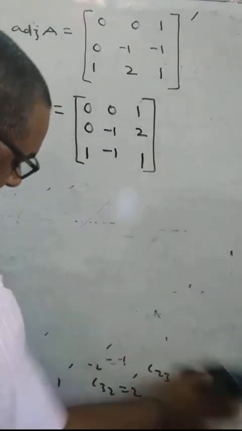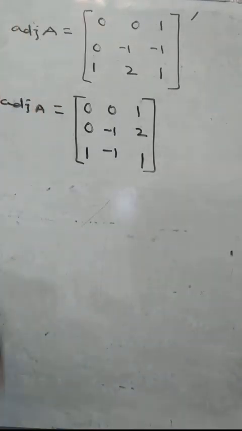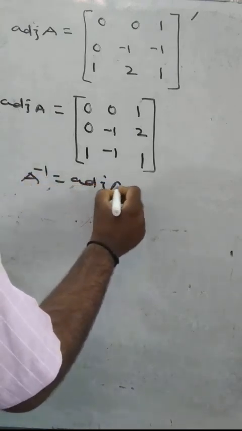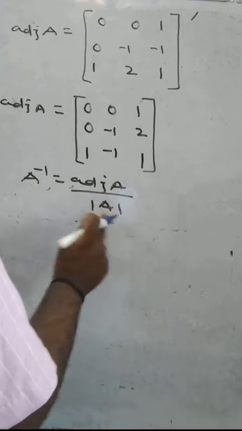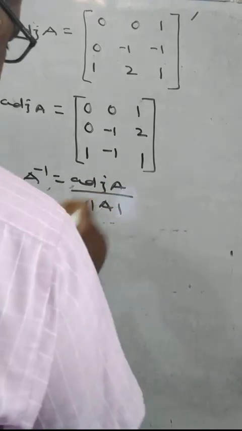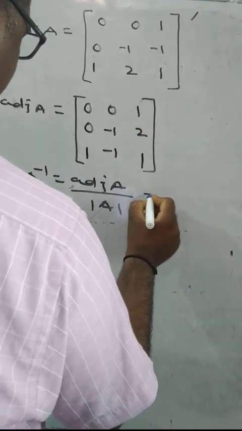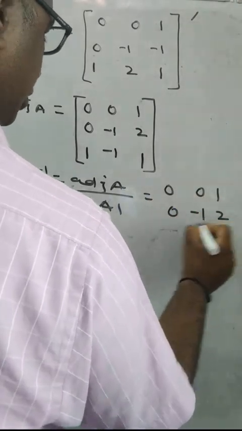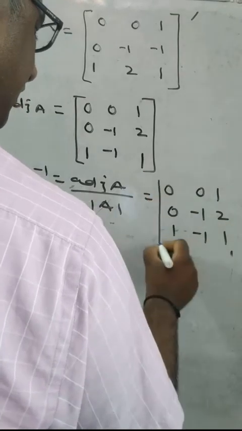Now what is A inverse? How can you find A inverse by adjoint method? So we have a formula. A inverse is equal to adjoint A upon determinant A, or since determinant A is 1, there is no change in adjoint A. So 0, 0, 1, 0, minus 1, 2, 1, minus 1, 1.